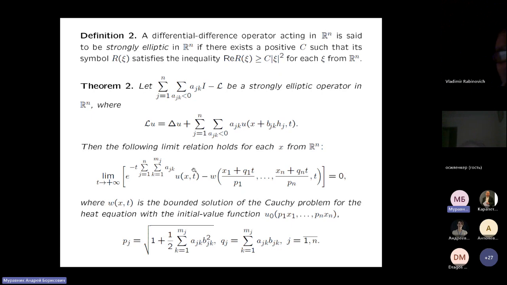Everything about this refers to the weighted solution, but I have to explain why we have this weight. Please look.